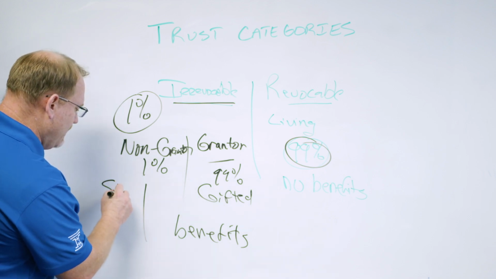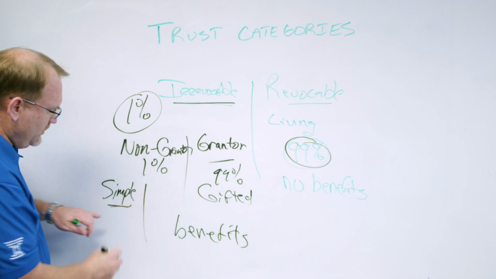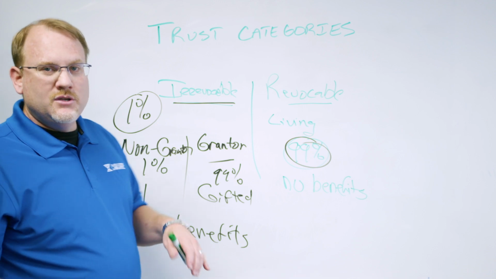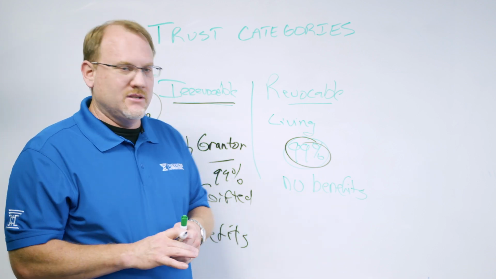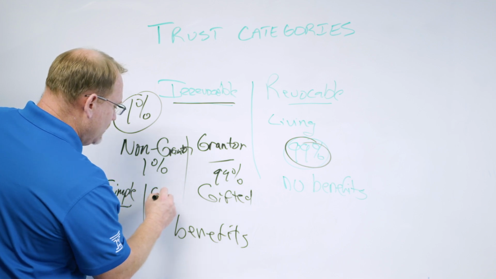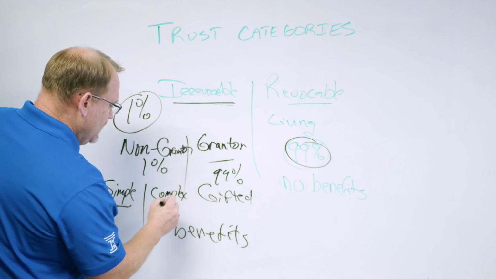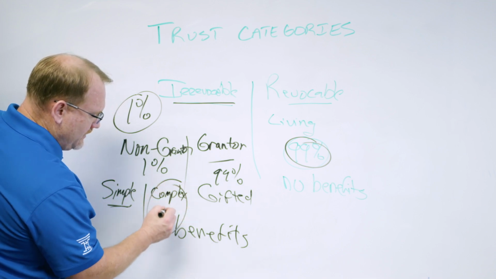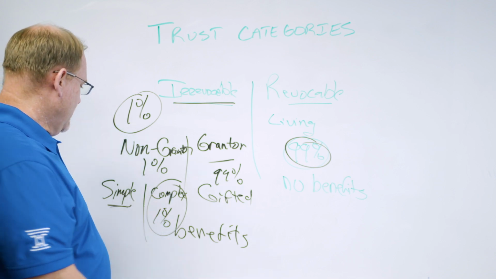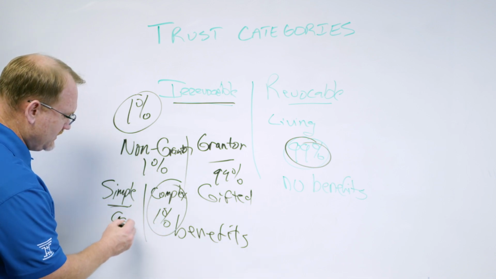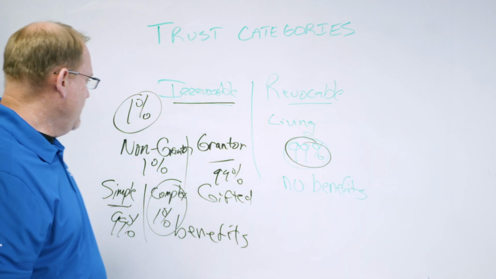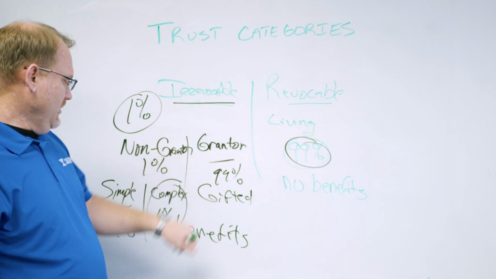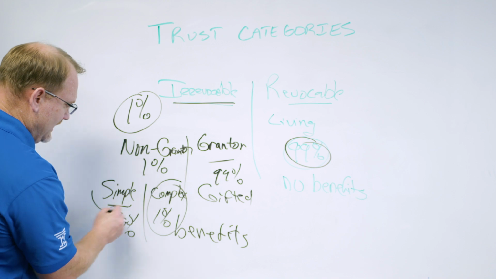Most of these trusts are going to end up using the simple tax code. When you use the simple tax code, there are a bunch of benefits you don't get to take advantage of. So you need to use a code called the complex code, and you need to make sure you do that, and that's about 1%. Most trusts are revocable, most trusts are grantor, most trusts use the simple tax code.